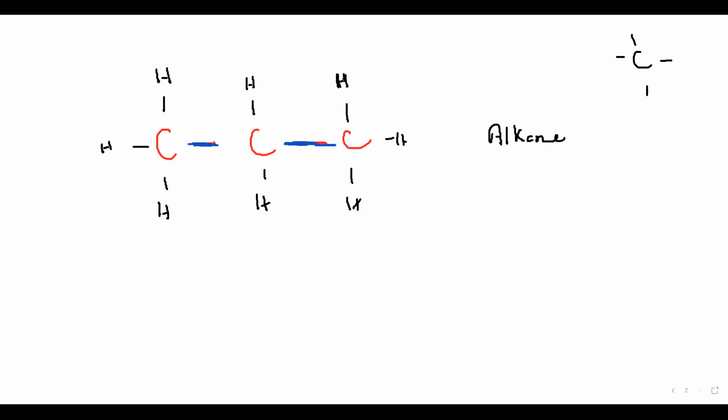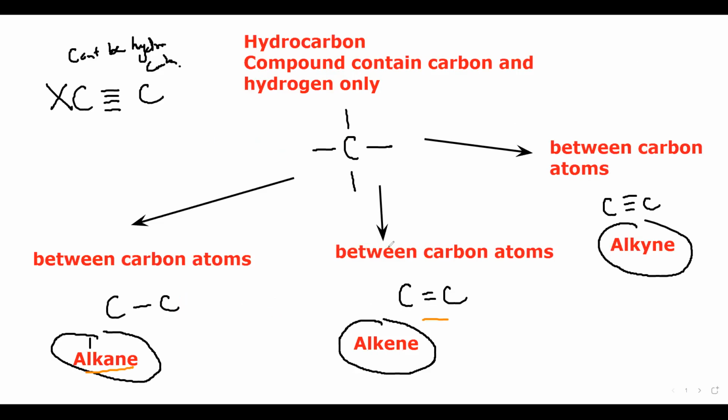Okay. Another example: if I draw C double bonded with C, then C. Now we have to identify the class of this hydrocarbon. How to identify the class of a hydrocarbon? If you find single bonds throughout the structure, it is an alkane. If you find any double bond within the structure, it is an alkene.